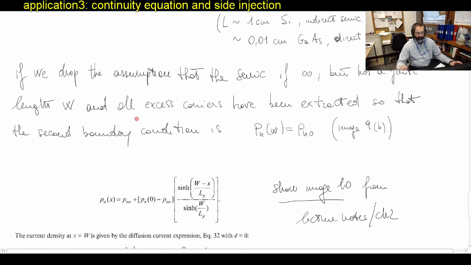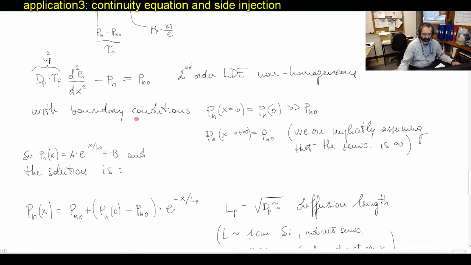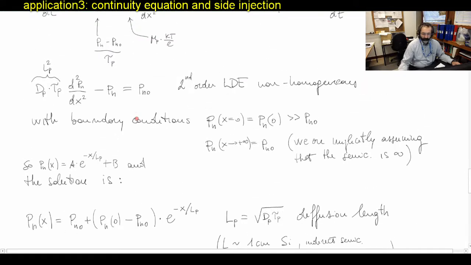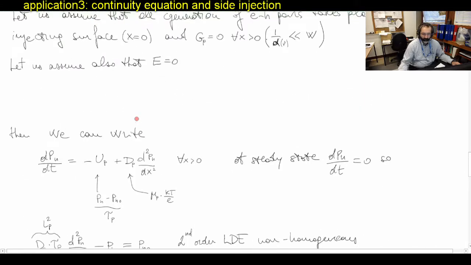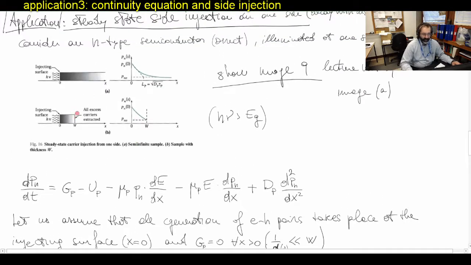There is now an interesting additional step we could take in these very ideal situations that we've described. What would happen if, instead of having an effectively semi-infinite semiconductor, the semiconductor has a finite length W?